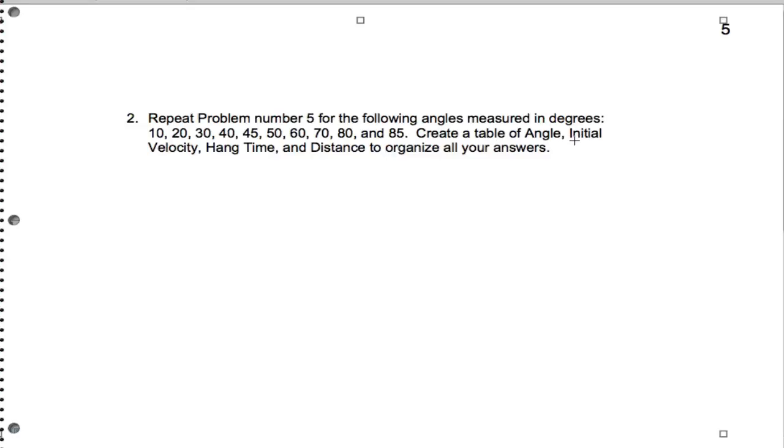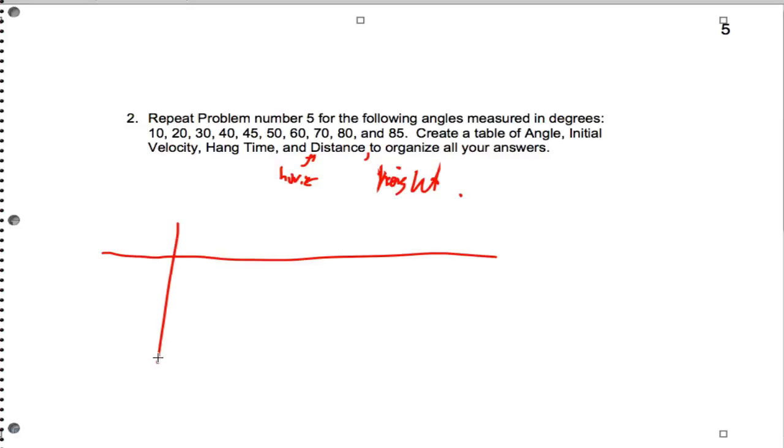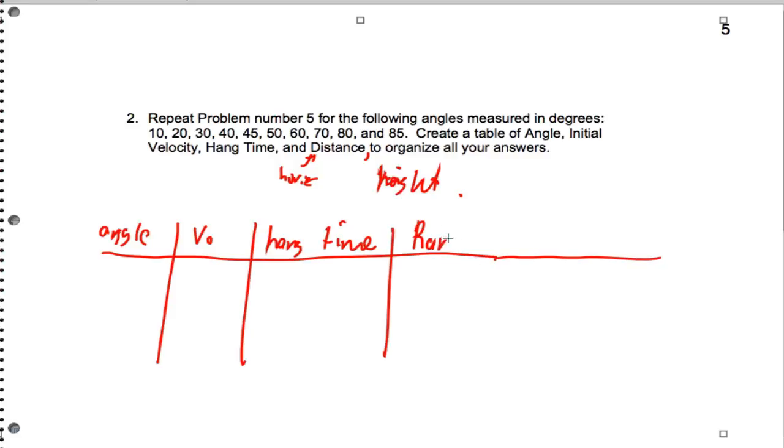And of course, in the sheet that you actually have in class, you don't just have a table of angle, initial velocity, hang time, and distance. This is labeled as horizontal distance. And I believe I had one more thing on there, which was height. And you're going to organize all these answers. So in other words, on Excel, we're going to make a table of angle, initial velocity, hang time, horizontal distance, which I'll call range.